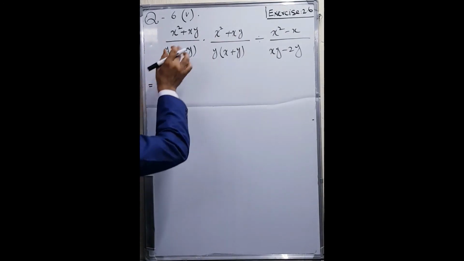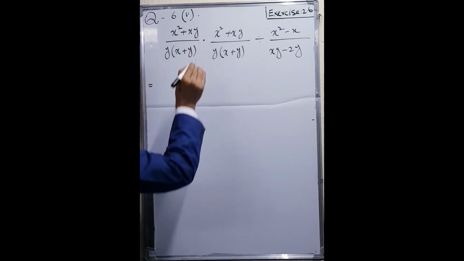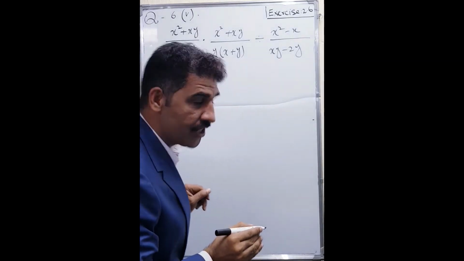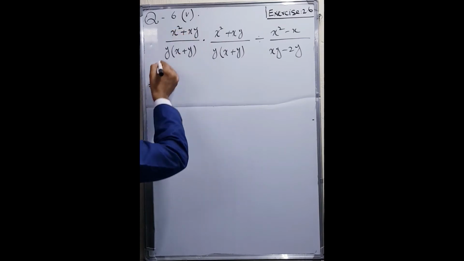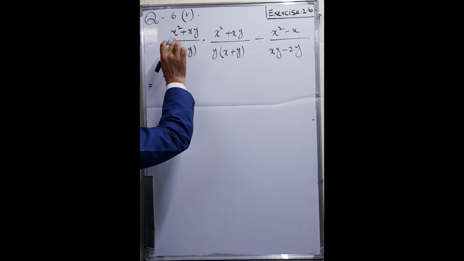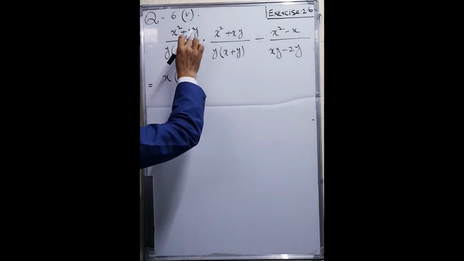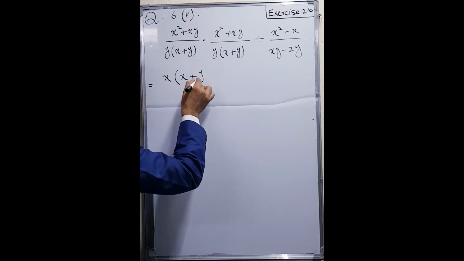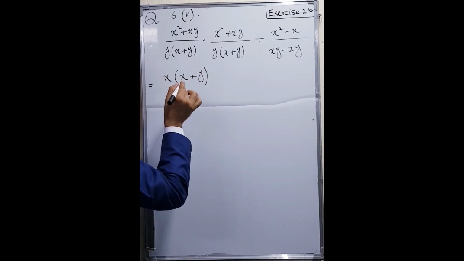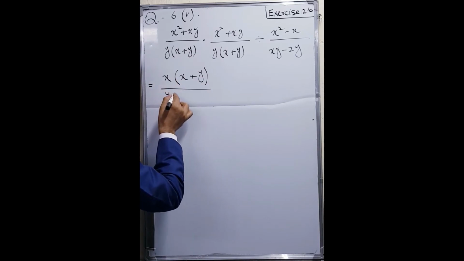In the first part of this fraction, this is the dot sign. What does this dot sign mean? Multiplication. Good. So x is common, we take x common. What is remaining? y. In the denominator, nothing is common, same.